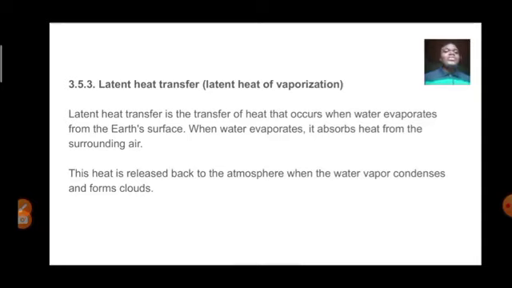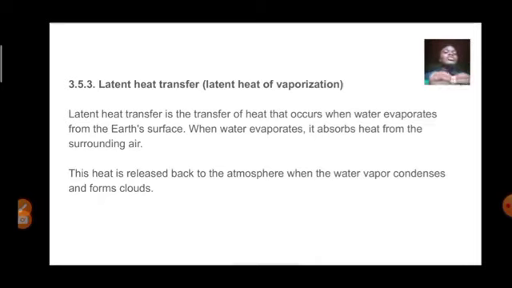When water evaporates, it absorbs heat from the surrounding air. Now, latent heat of vaporization. Good. When evaporation takes place, of course, water is heated and then evaporation takes place, where water returns back into the atmosphere in the form of water vapor.